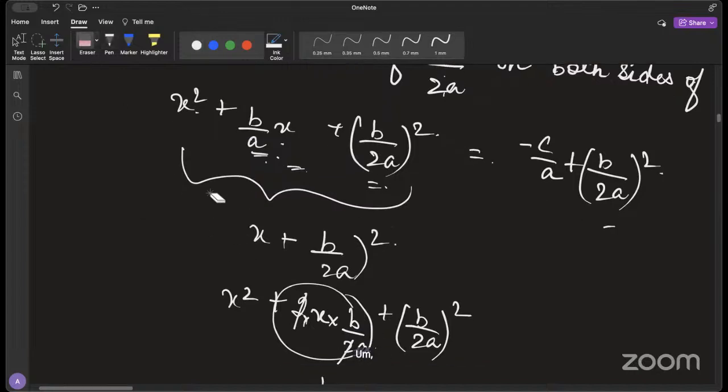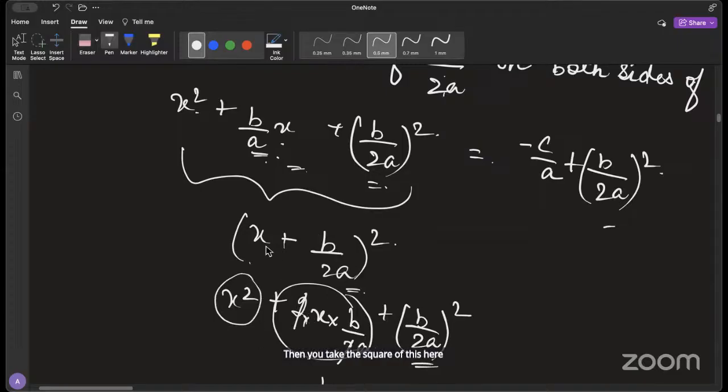B by 2a is okay, but you're multiplying by 2 and 2 is getting cancelled. Yeah, how do you open the square, this entire square? The formula is a square plus b square plus 2ab, right? Yes. So you will have x square here. This is x squared. Then you take the square of this here.